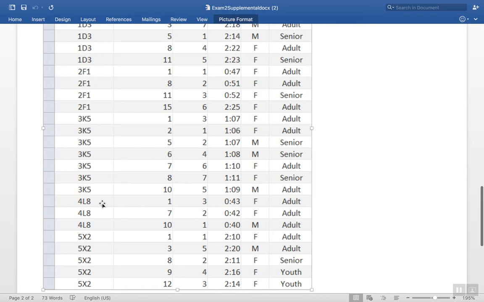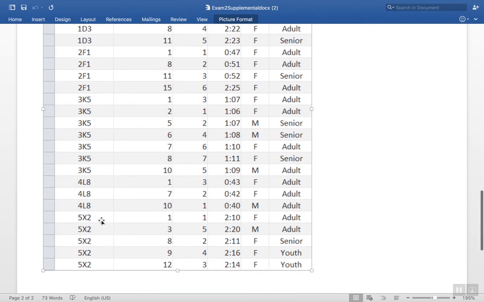This one had 1, 2, 3. And the final grouping we had 1, 2, 3, 4, 5. So the one with the greatest number of results in the table is the 3K5, which has 1, 2, 3, 4, 5, 6, 7 entries in it.